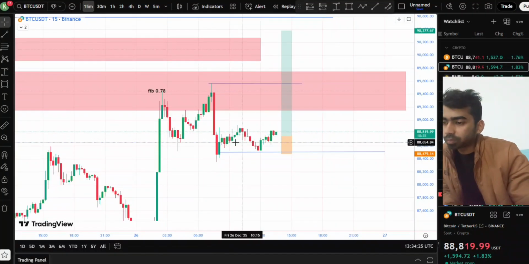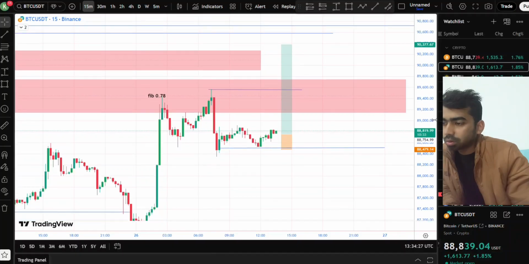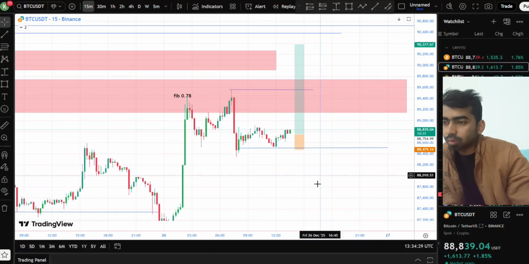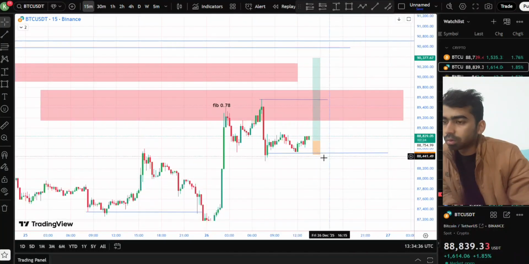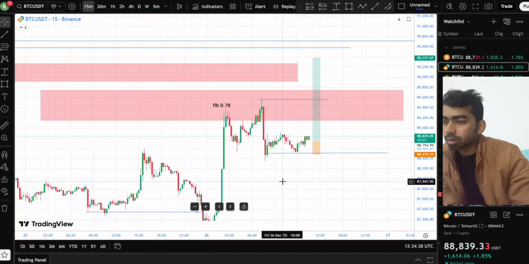The setup is good. This setup I actually closely observed for more than 1 hour, and I'm waiting for the perfect time, but right now it is a perfect time to enter.